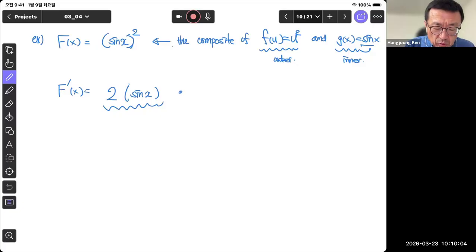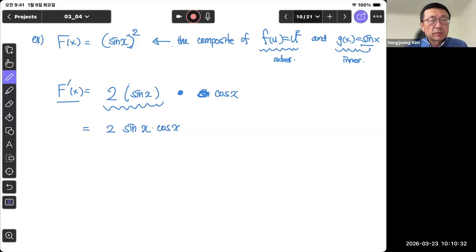You shouldn't forget the derivative of the inner function. You need to multiply by the derivative of the sine function. What is that? That is the cosine function. So you get 2 sine x cosine x. That is the derivative of this composite. Okay.